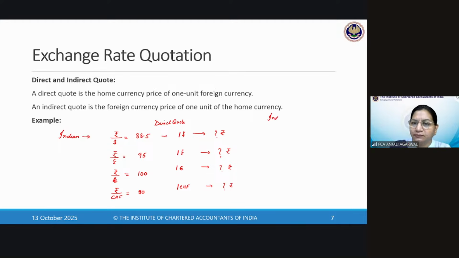Indirect quote. You can simply reverse the quote: 1 divided by 88.5, and you get how many dollars? You can all use your calculators. So this is $0.0113 per rupee.